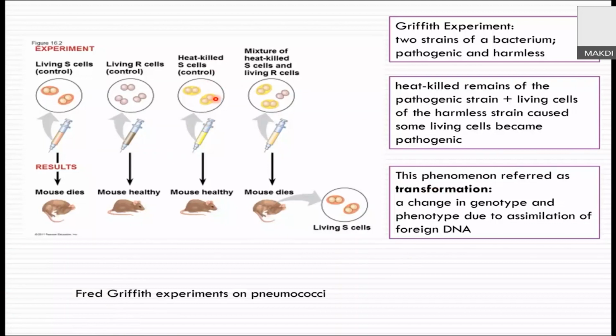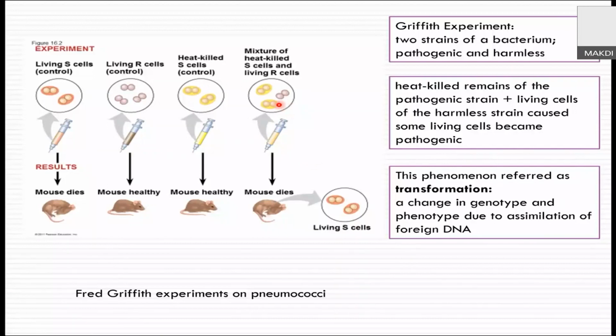And now we know that the one that transforms the non-pathogenic cell is the DNA. Because when you heat-kill the pathogenic cells, the cells will die, but the DNA remains.